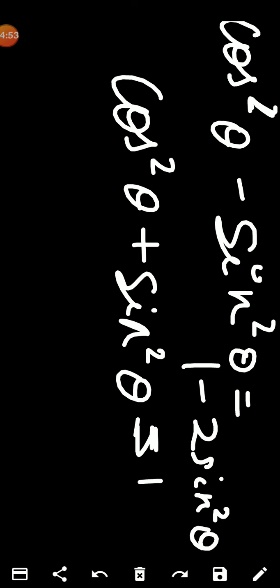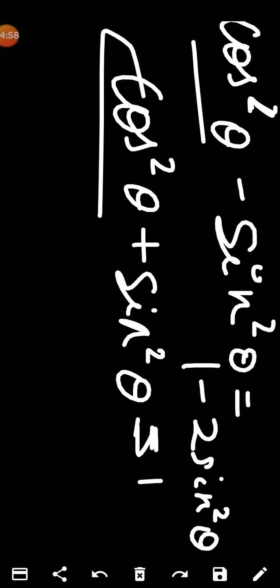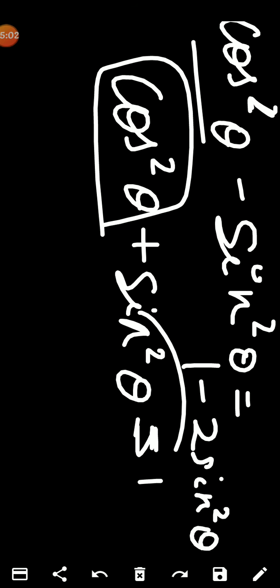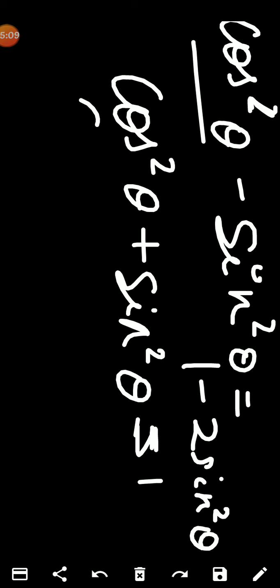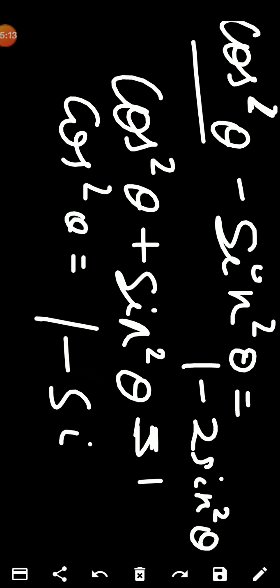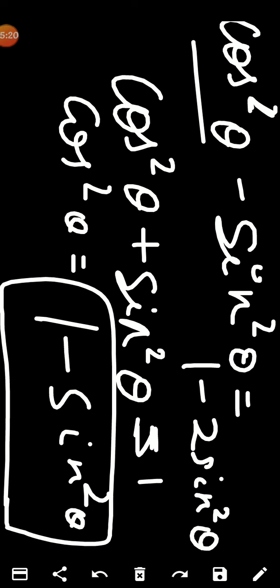Okay, so now we want the value of cos square theta. So let's leave cos square theta on the left hand side and bring sine square theta to the right hand side. So therefore we get cos square theta is equal to 1 minus sine square theta. Okay, so now let's replace 1 minus sine square theta, which is the value of cos square theta, in place of cos square theta.